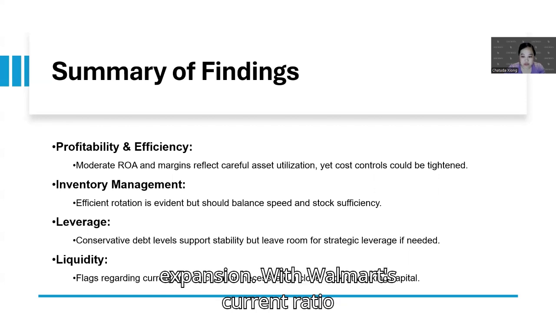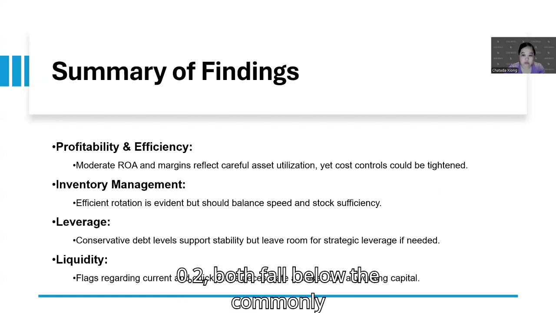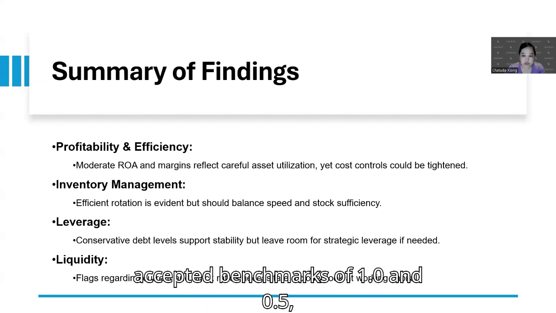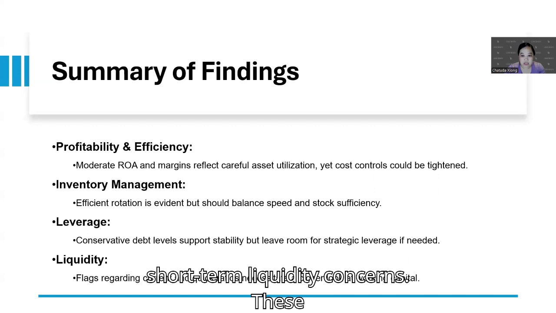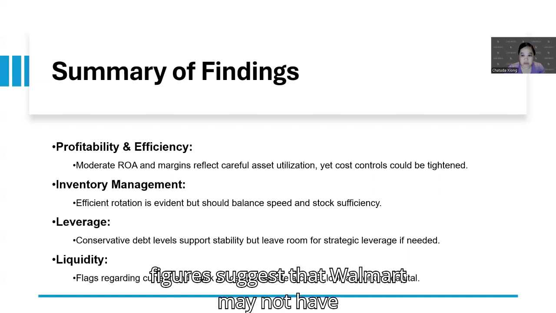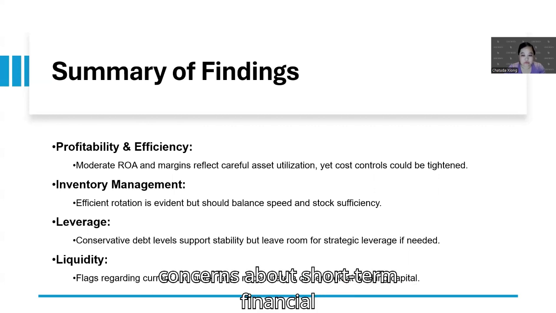Walmart's current ratio of 0.79 and quick ratio of 0.2 both fall below the commonly accepted benchmarks of 1.0 and 0.5, respectively, indicating potential short-term liquidity concerns. These figures suggest that Walmart may not have enough liquid assets to cover its short-term liabilities, raising concerns about short-term financial health.